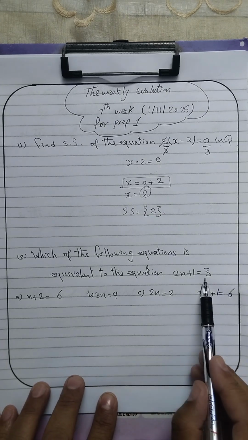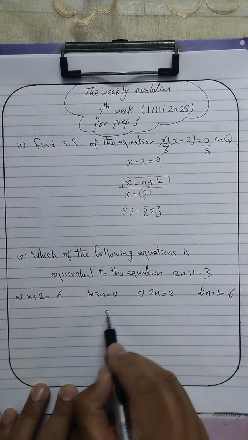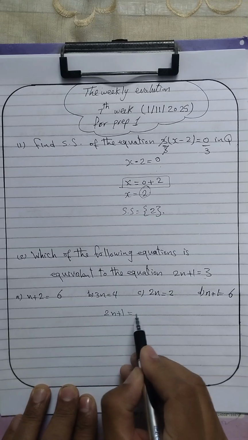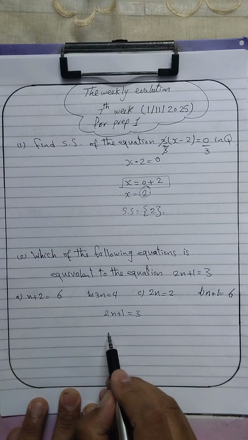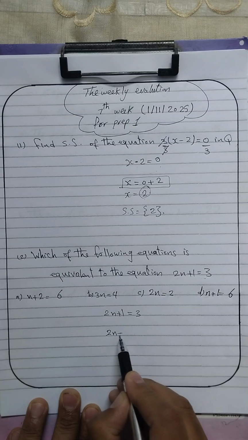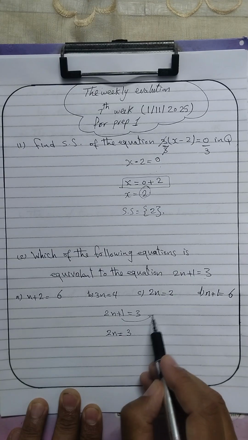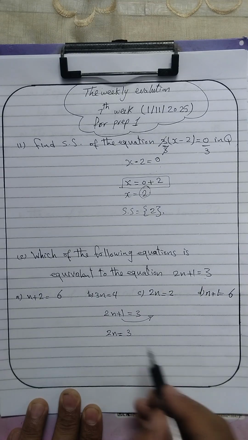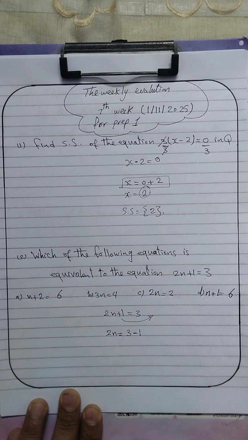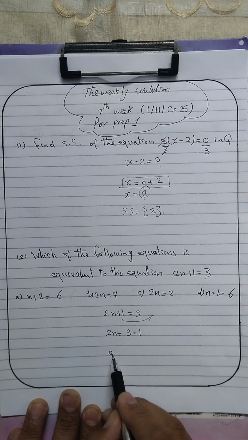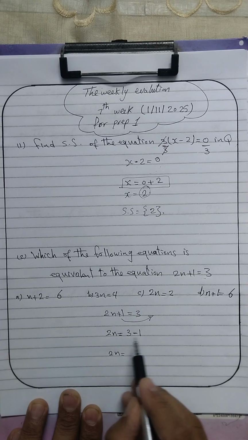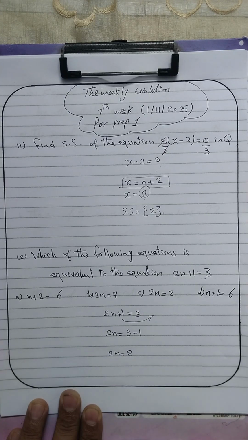So we should solve this equation 2n plus 1 equals 3. We write 2n equals 3. What about 1? We move positive 1 to the right side and change its sign to be negative. So 2n equals 3 minus 1 equals 2.